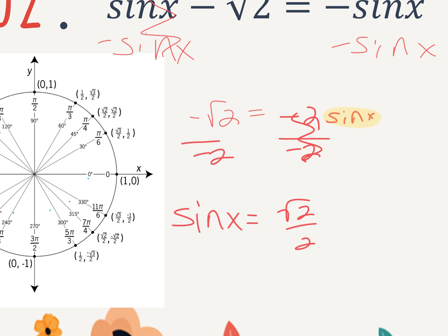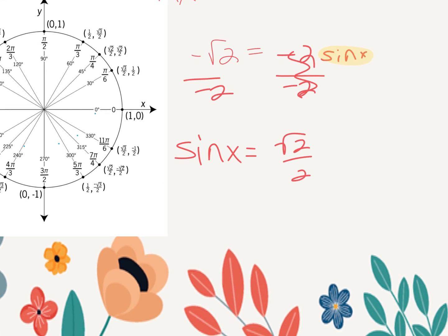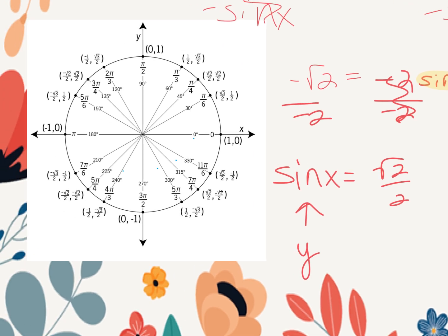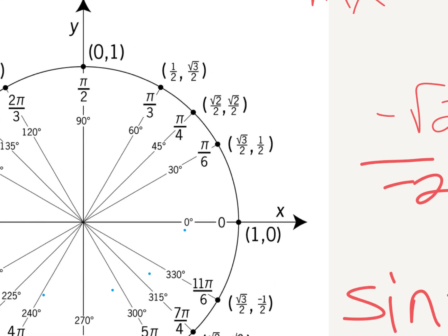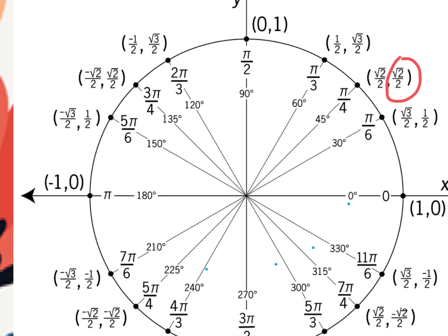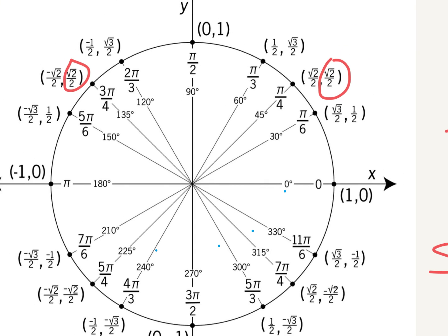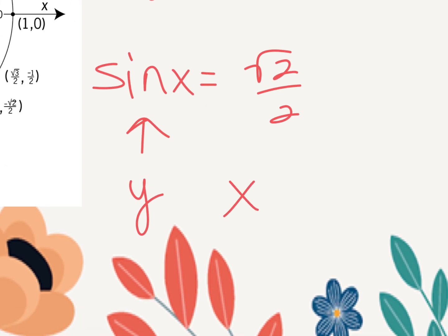So again, remind yourself, where are you going to look on the unit circle? Where, which, x or y? I'm looking for where the y values are what? Positive square root of 2 over 2. So my y value is positive here, square root of 2 over 2. And where else? Perfect. So your two answers are x equals pi over 4 and 3 pi over 4.